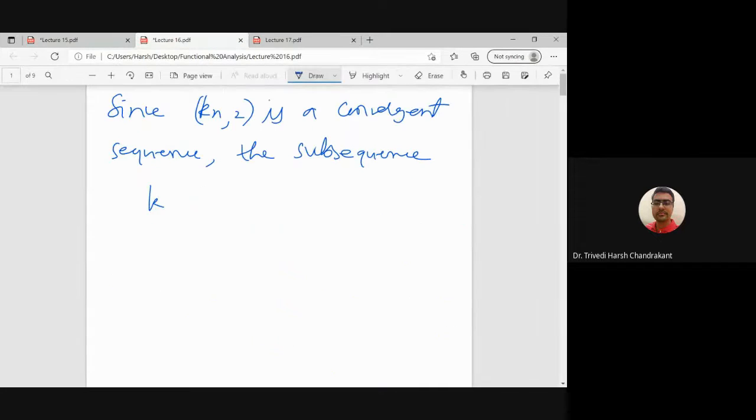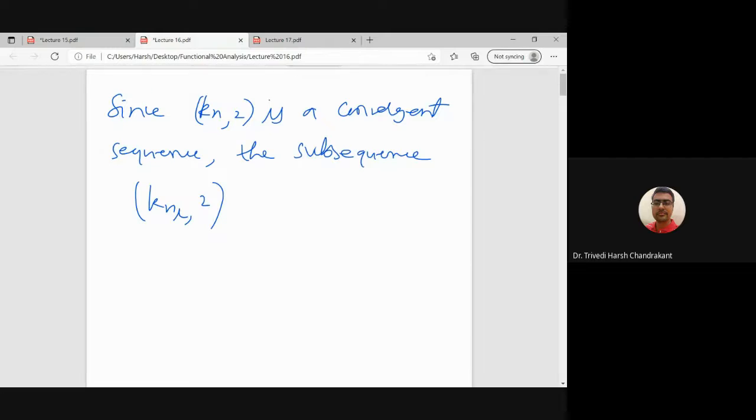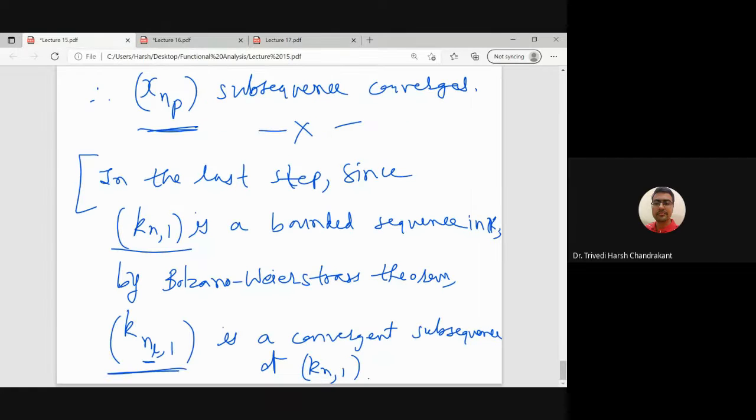The coordinates are K_{n_l}^2. So this is a subsequence of this second coordinate sequence. We are not taking all the terms of the sequence. We are only taking the terms corresponding to this subsequence.